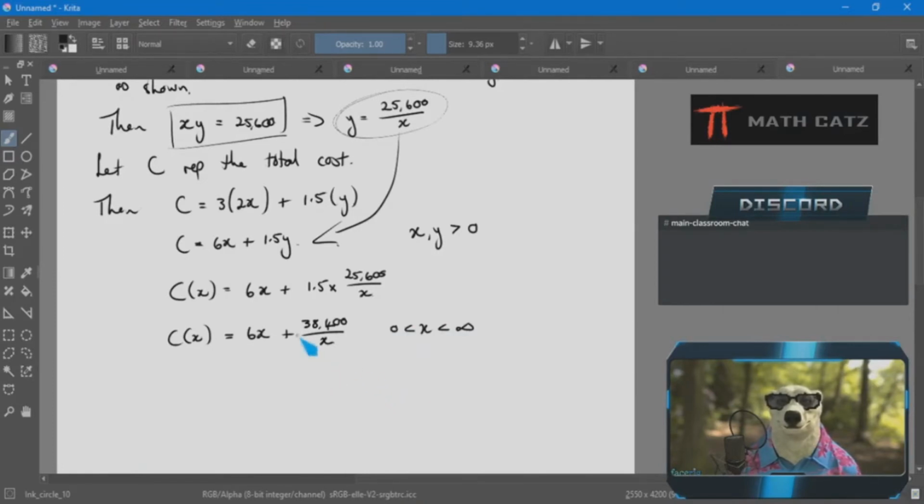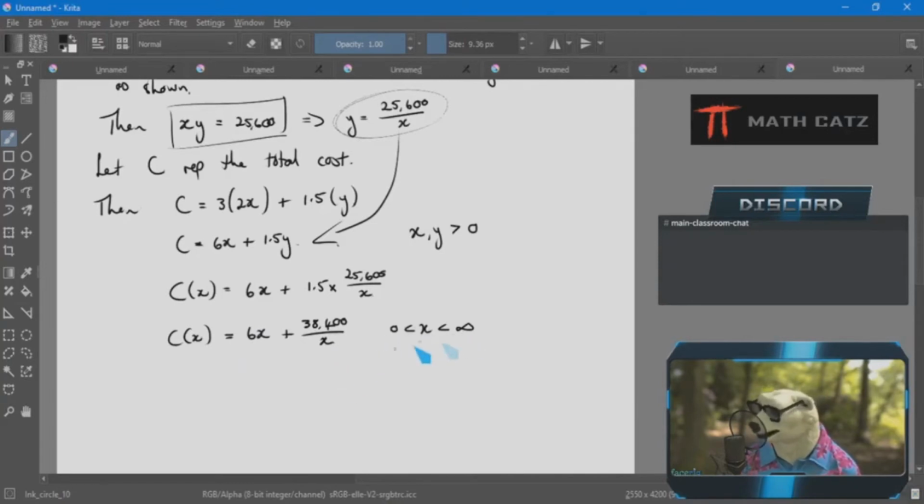In both of those cases, an x very small will make the second term, the y value, blow up, and then the cost will blow up as well. An x very big will make the cost on those pieces of the fence blow up, and the cost will increase dramatically as well. And remember, we're trying to minimize the cost.